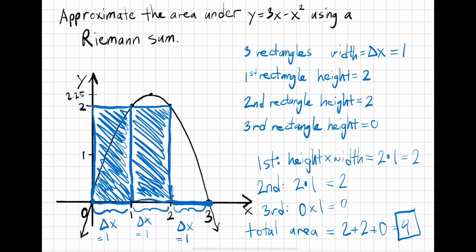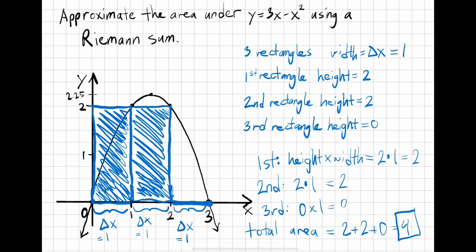But also, do we think that it's an overestimate or an underestimate of the area of our parabola? I would say it's an underestimate. Notice that one of our rectangles overhangs the parabola, but the next two go inside the parabola. They're smaller than it. But the bits of the parabola that stick out outside the second and third rectangles seem to be a bit bigger overall than the bit of rectangle that sticks outside the parabola.